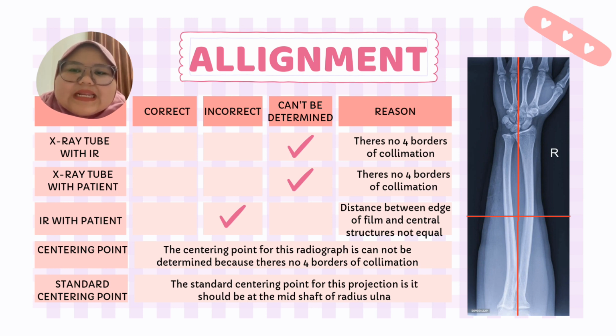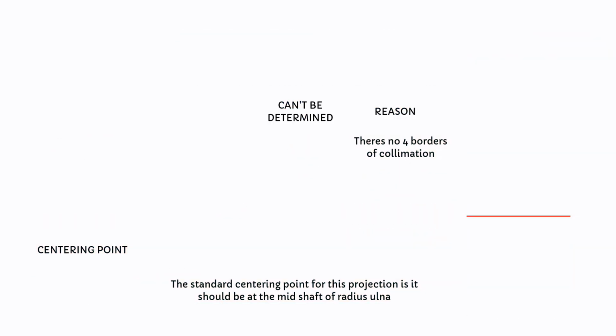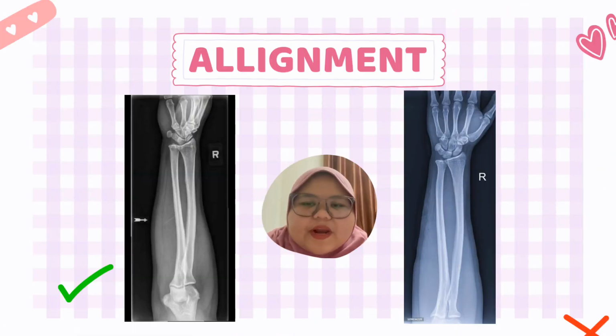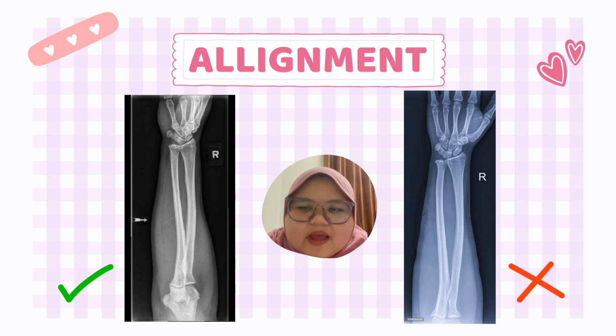Lastly, the standard centering point for this projection should be at the mid shaft of the radius ulna. For a comparison, let's compare the radiograph on the left side and the right side.